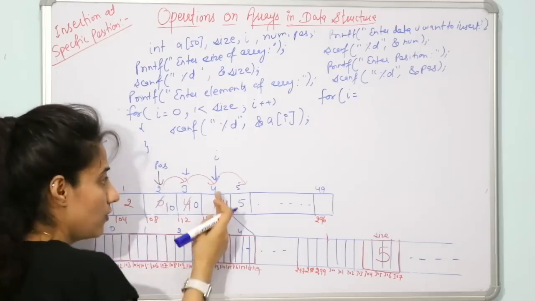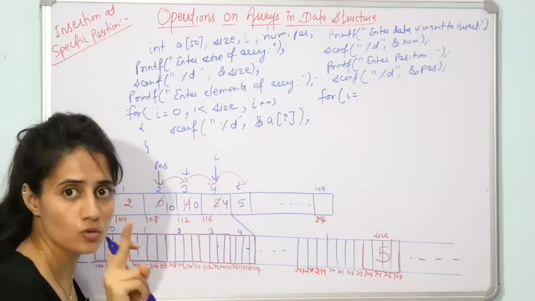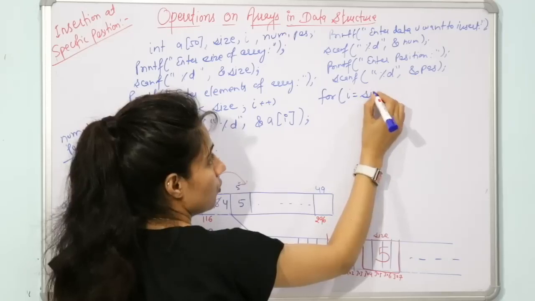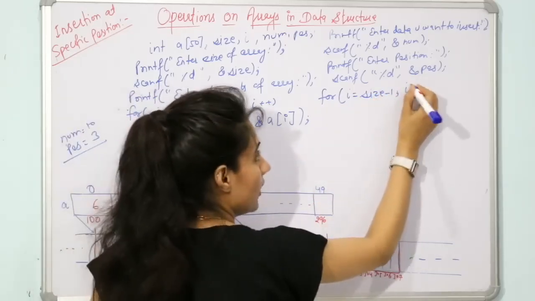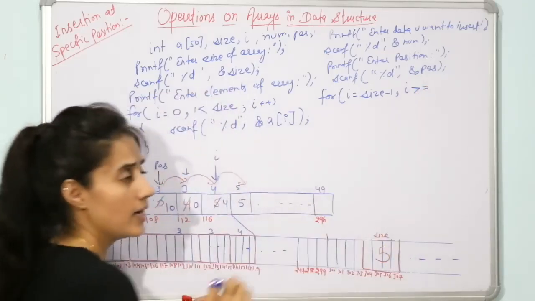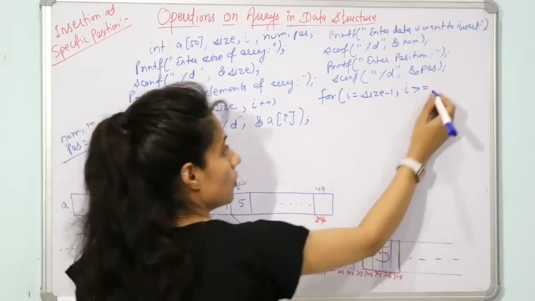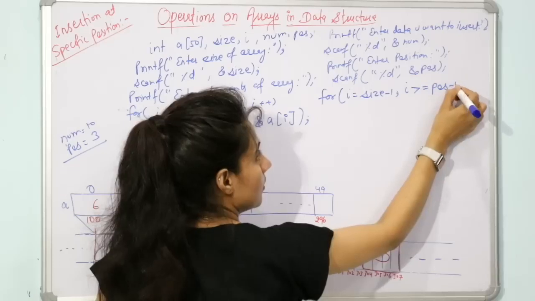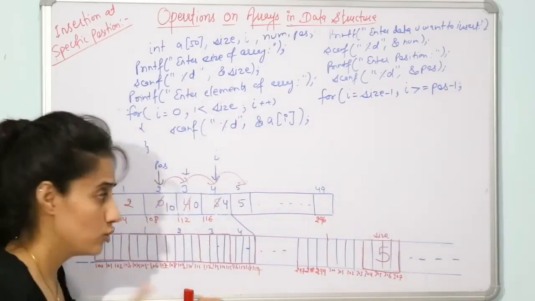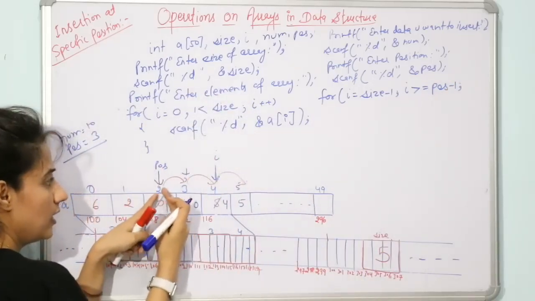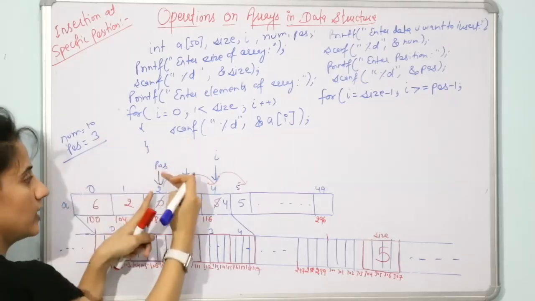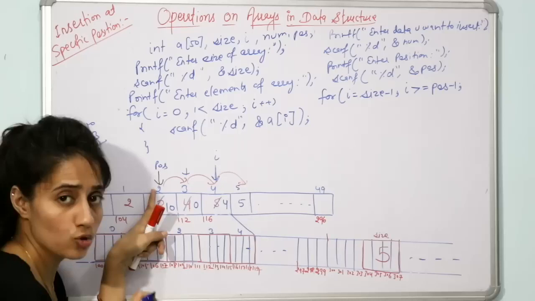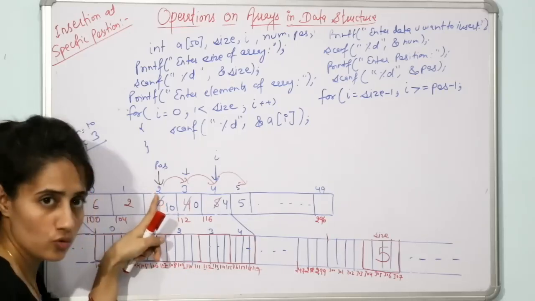And you can also start from size minus 1. So here I am starting from size minus 1, and I should be greater than or equal to position minus 1. See, I will go till the value 2 and the position value is 3. So 3 minus 1, that is 2. So I should be greater than or equal to 2.